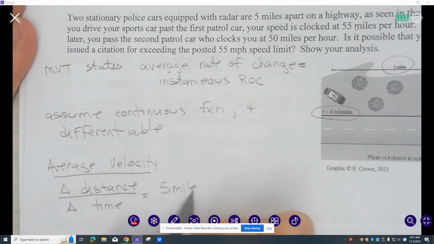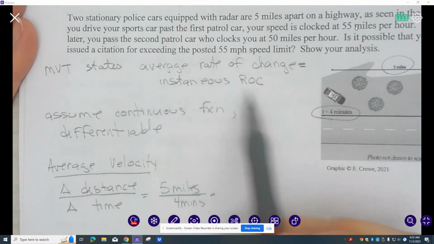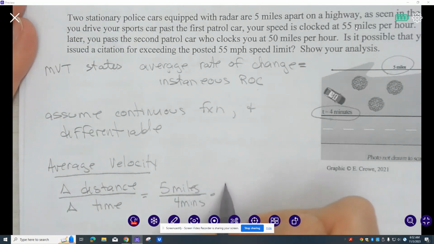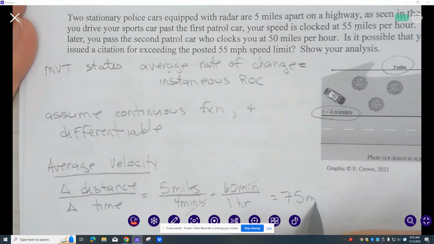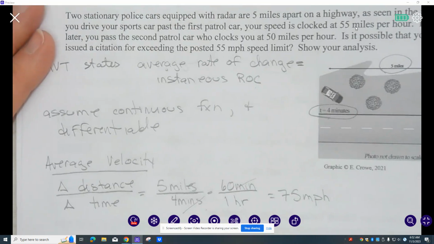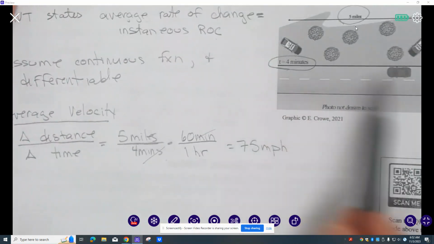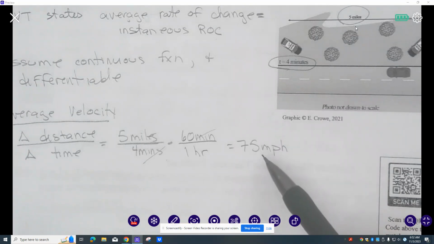So you have gone 5 miles in 4 minutes. Our speed limit is miles per hour. This is minutes, so let's convert this to hours because we're trying to see if we're over 55 miles per hour. So our minutes cancel and we end up with 75 miles per hour. So average rate of change says at some point during here, your speed was 75 miles per hour.